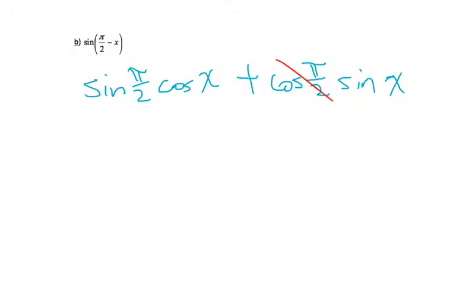Again, I have a 0. Cosine of pi over 2 is 0. Sine of pi over 2 is 1. So this turns into cosine of x. And if I think about what this is saying, I can think about it geometrically as well. And I encourage you to make those sketches.